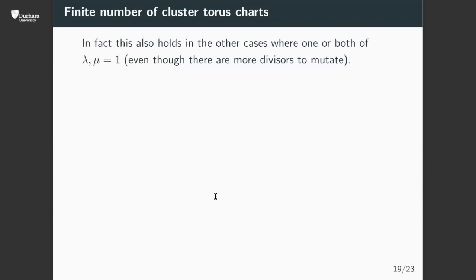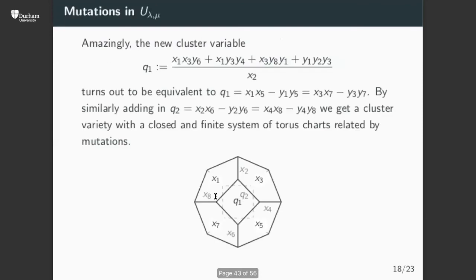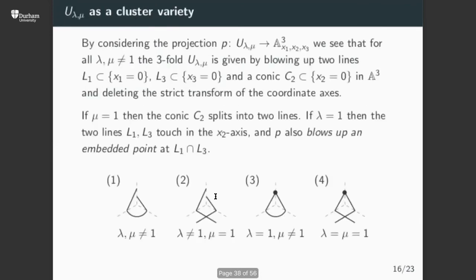So I can blow up lines. So in this case, case 2, well, in case 1, if I want to mutate this conic, I have to blow it up. But in case 2, the conic splits into 2 components. So then I can blow up one of the components, but not the other, or I can do vice versa, or I could blow them both up.